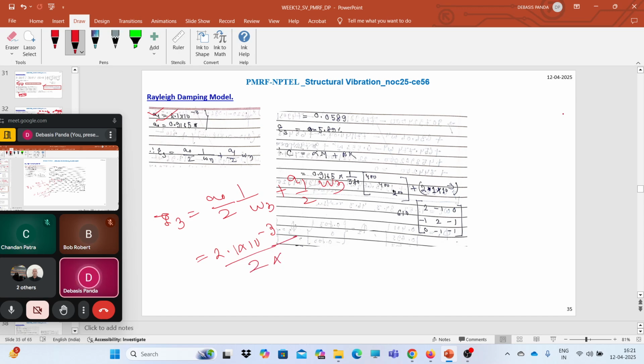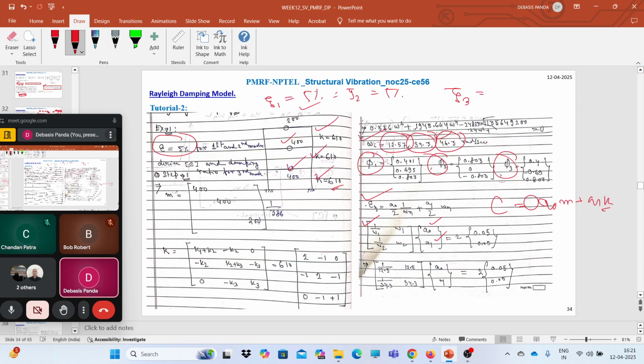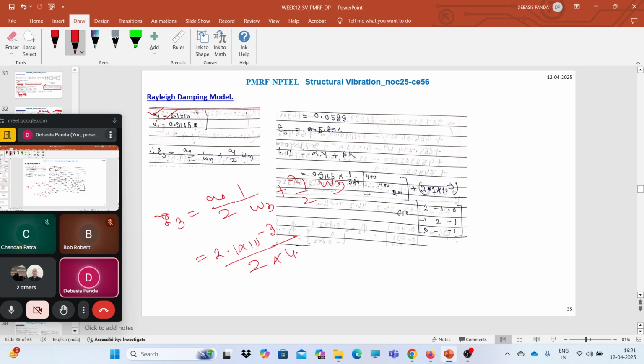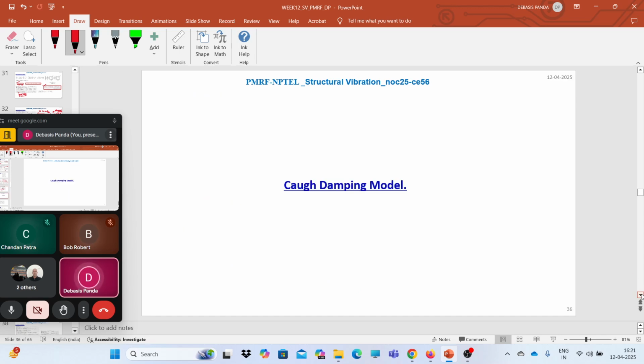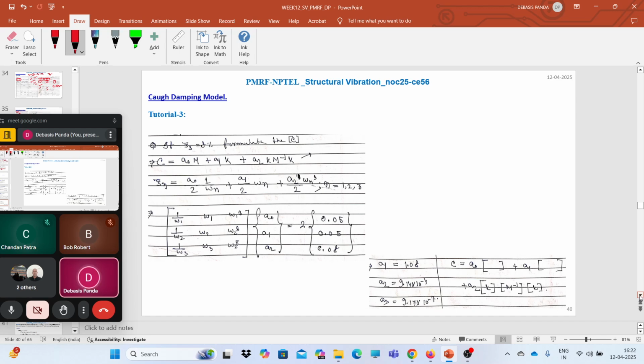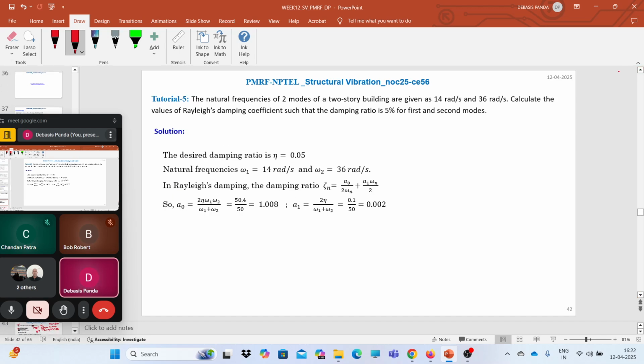What was the value of omega 3? Here it is 46.3. Plus the A1 value we have already found, 0.9165, divided by 2 into omega 3, 46.3. You will find the value of zeta 3. In a similar way, these problems are given like here.